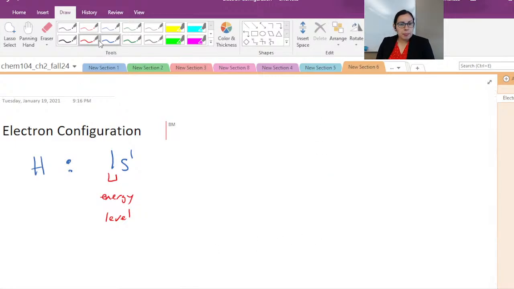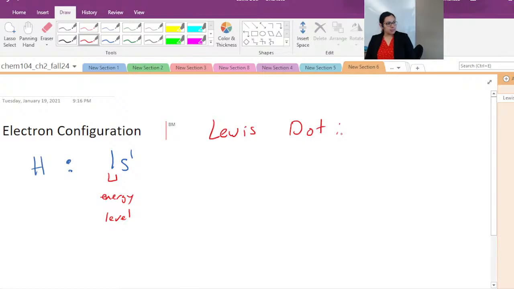And now let's write, and this is chapter 3, I think, but it's helpful if you start putting these ideas together. The Lewis dot structure attempts to say this in a visual way. If it has 1 electron, we can just write that, boom, a little H like that. This starts to tell us the picture of why hydrogen is diatomic.